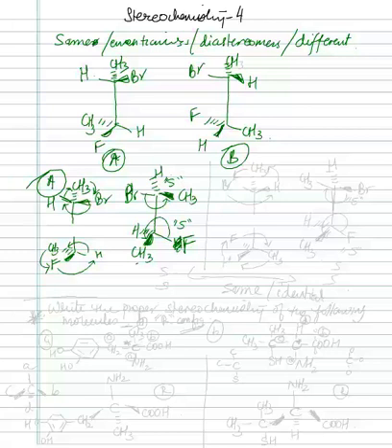Okay, all right, I'm going to do the same thing for molecule B. So I'm going to take the top carbon, rotate that one, and so on and so forth. So let's take that. We have bromine in the plane, the CH3 going to the back, and then the hydrogen coming to the front.